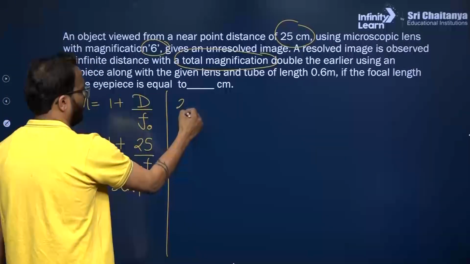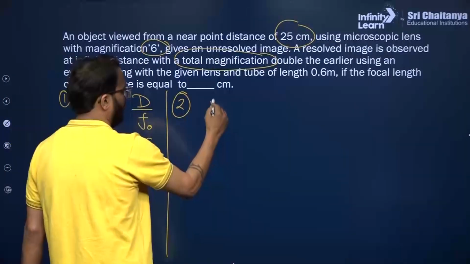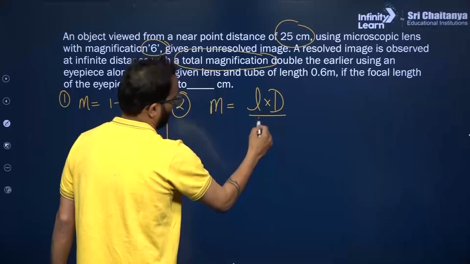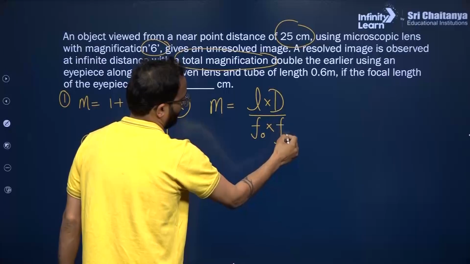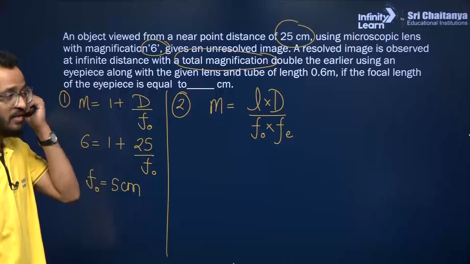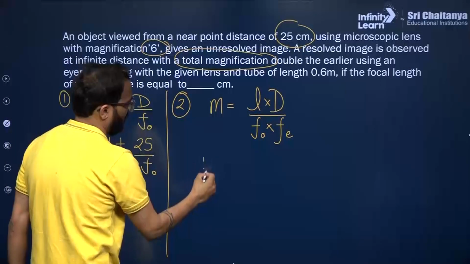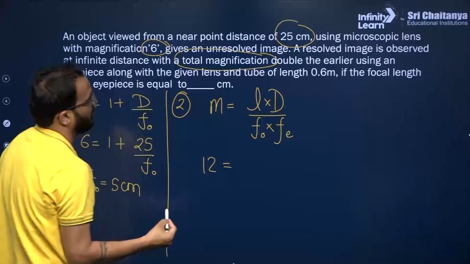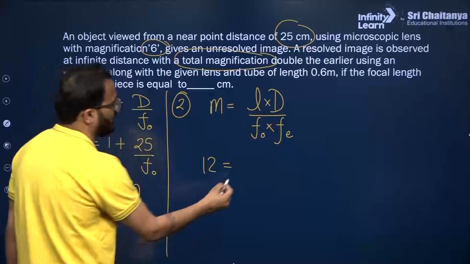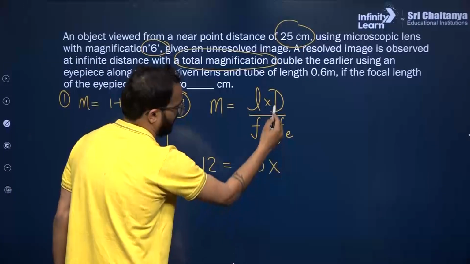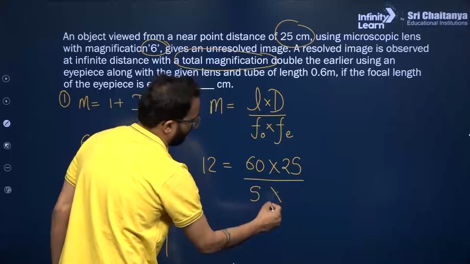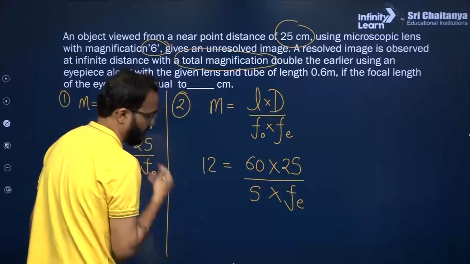So second case is what? What is the magnification? L into D by f naught into Fe for infinite adjustment, right? So this is 12, length is given I guess, 0.6, so 60 centimeter, D is how much? 25, f naught is 5, so we need Fe, okay.